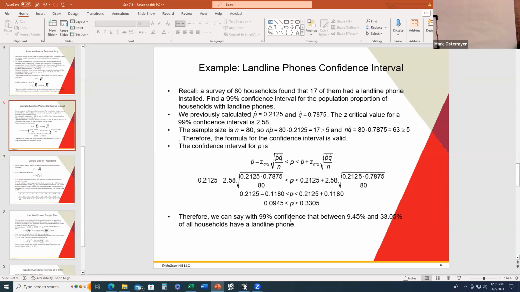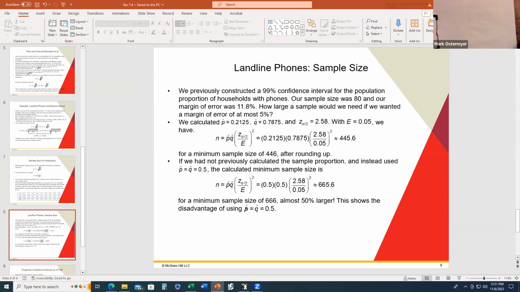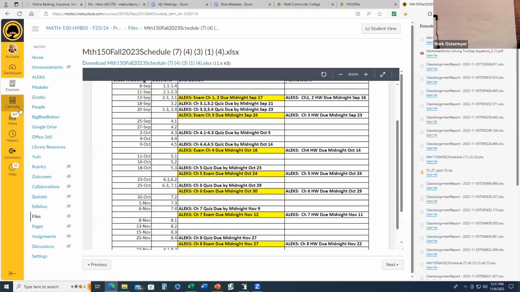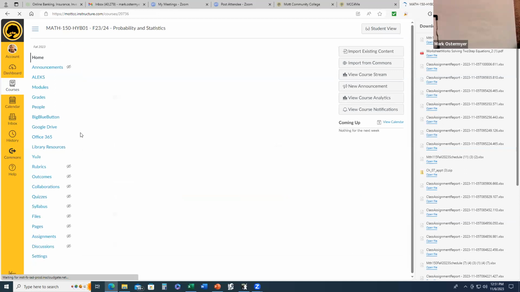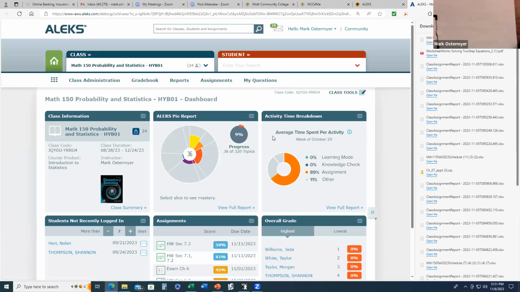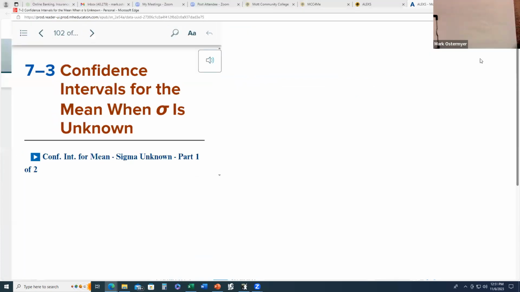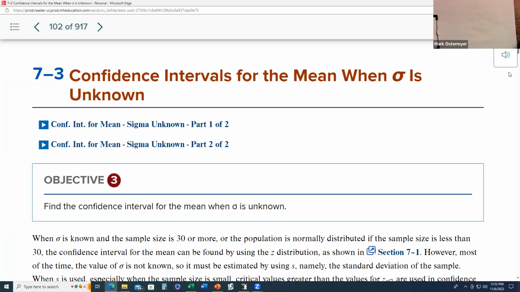Let's now go to our textbook. All right, so this is gonna be section 7.4.